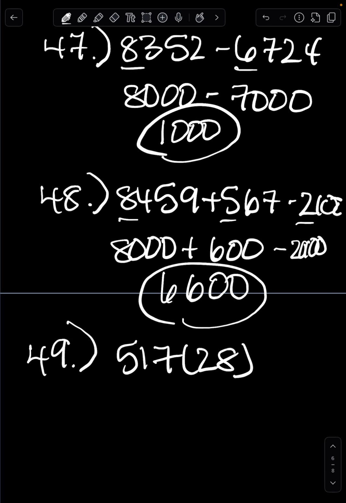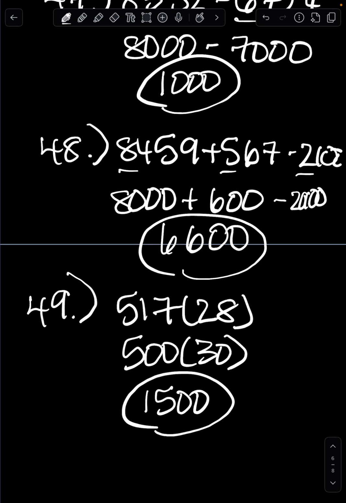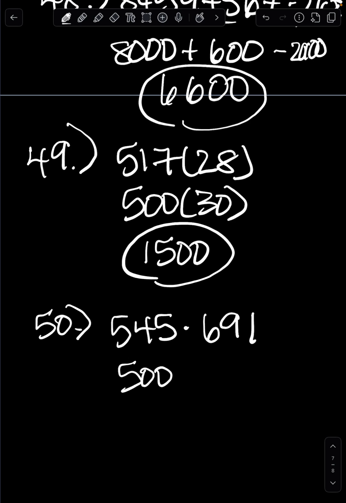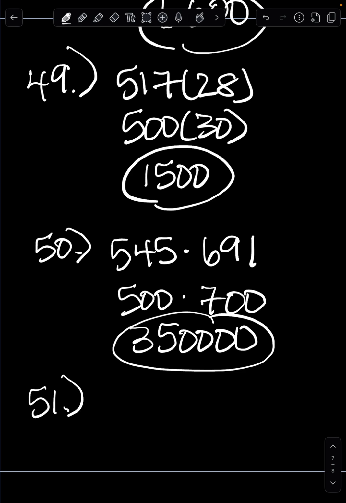So we have 517 times 28, which is really close to 500 times 30, or 1,500. Number 50. So we end up with 500 times 700, or 350,000.